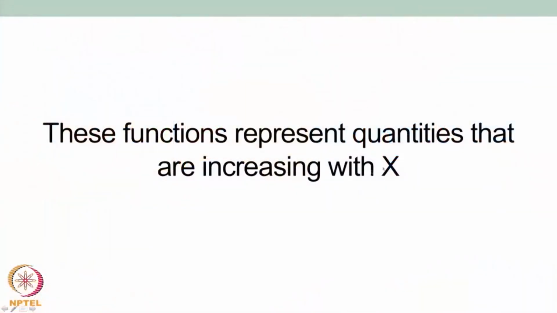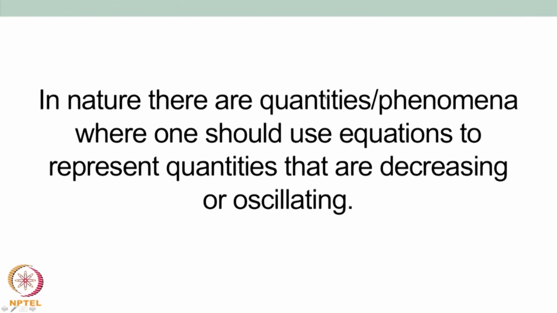So these functions so far represent quantities that are increasing with x. In nature, there are phenomena where one should use equations to represent quantities that are decreasing or even oscillating. They could increase and decrease. So we'll discuss some example functions. First, some functions that would decrease, then some functions that would oscillate. And once we learn these functions, we can use them to describe some phenomena that we would see.